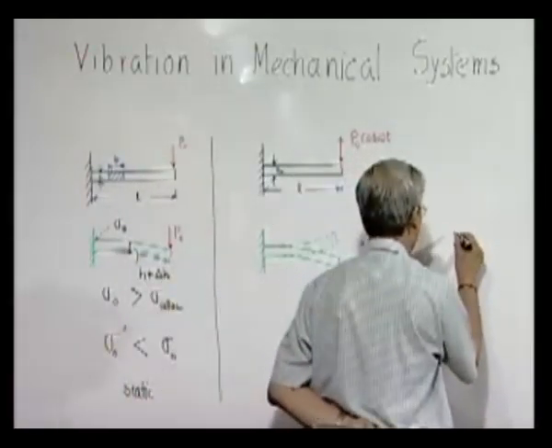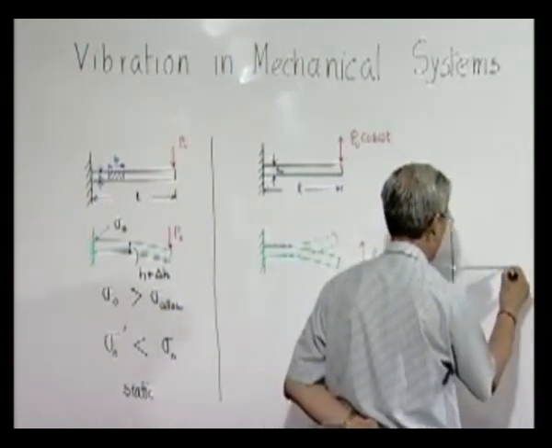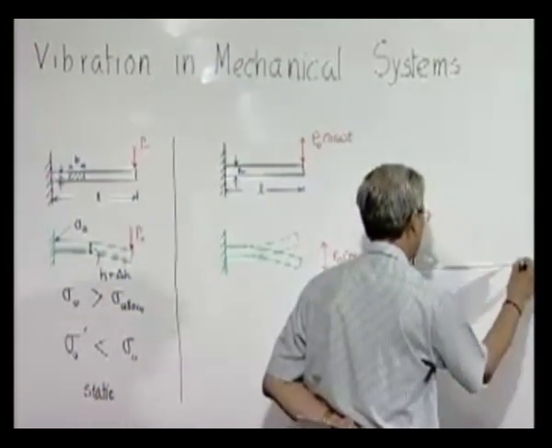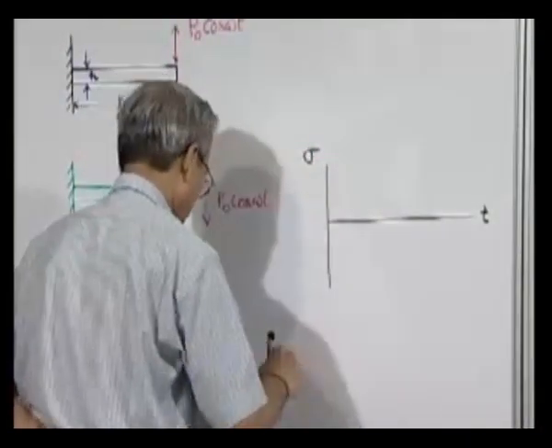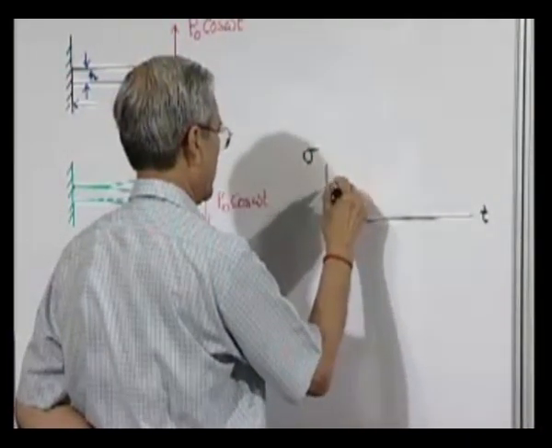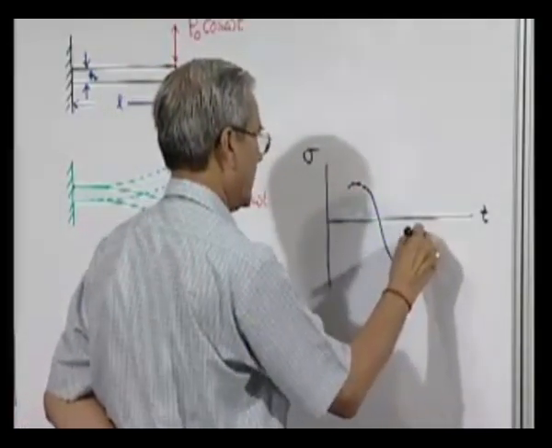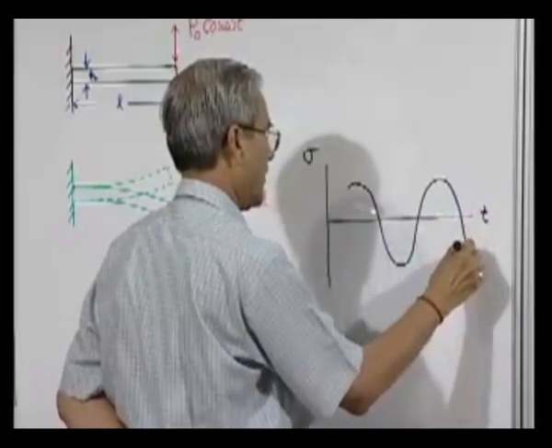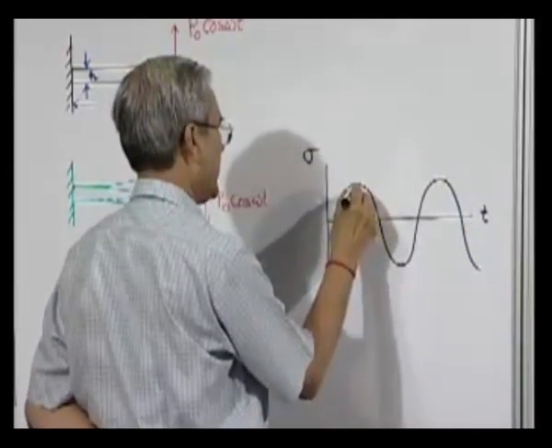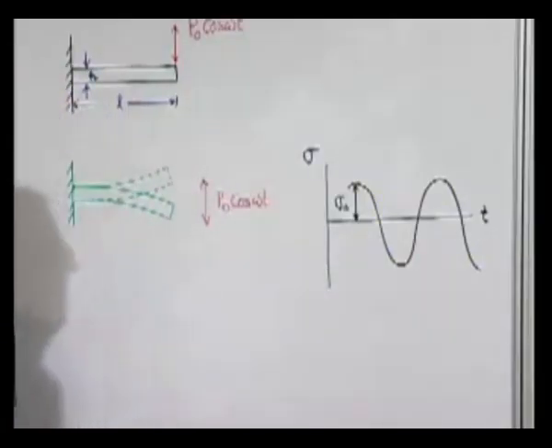So we can now plot with time the stress here will be something like this, so highest level is say sigma 0, alternately compressive and tensile.